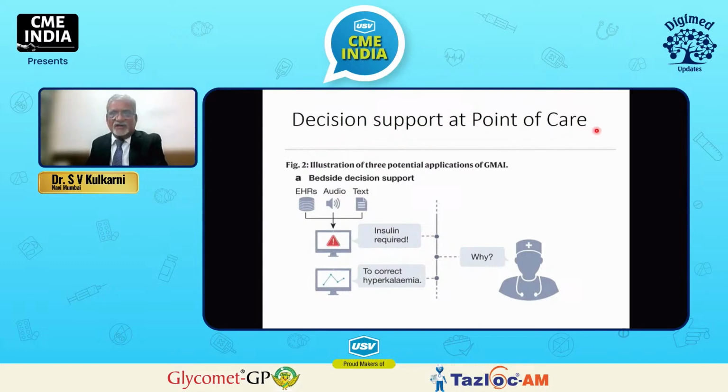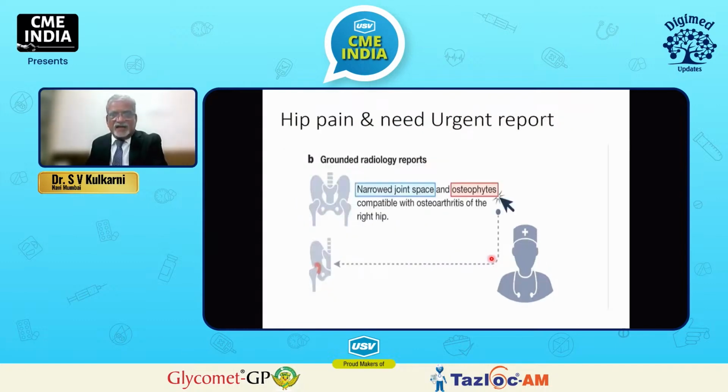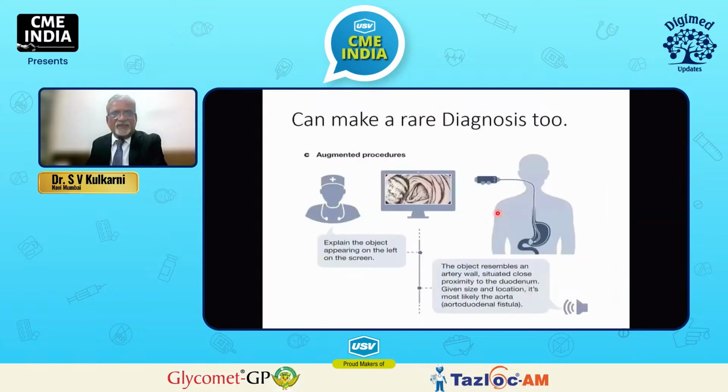Suppose the patient is in ICU and you have got all the things, sugar difference, insulin required, or how to correct hyperkalemia, you will get an answer at a click. You have a patient complaining of hip pain, the X-ray has been done, it picks up the narrow joint space and osteophytes compatible with osteoarthritis of the hip.